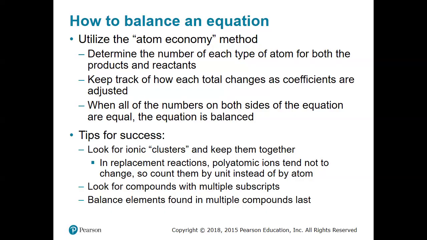This is a way to help you figure out what you have in the chemical equation currently and how to get to that balanced chemical equation at the end. It's a relatively simple setup. You split the reaction into reactants and products, and you just count. Okay, I've got oxygen and nitrogen, and on this side of the equation, there are 5 oxygens and 4 nitrogens, and on this side of the equation, there are 2 oxygens and 1 nitrogen.